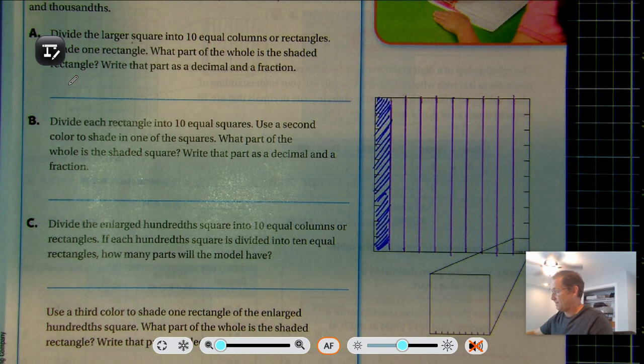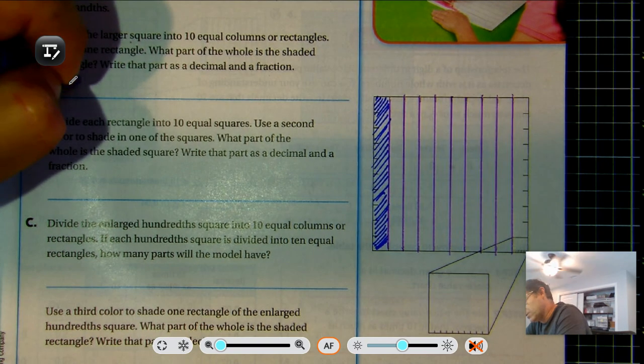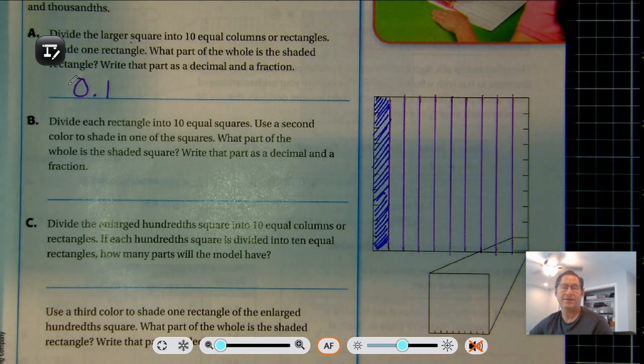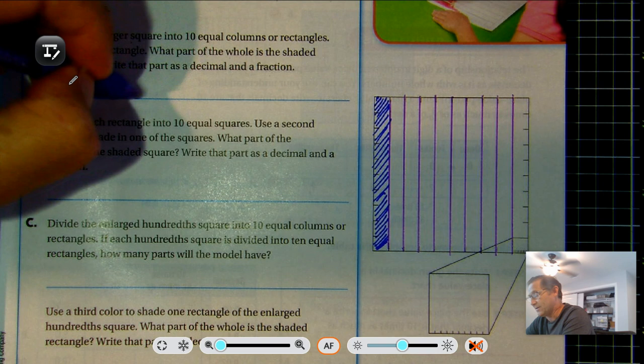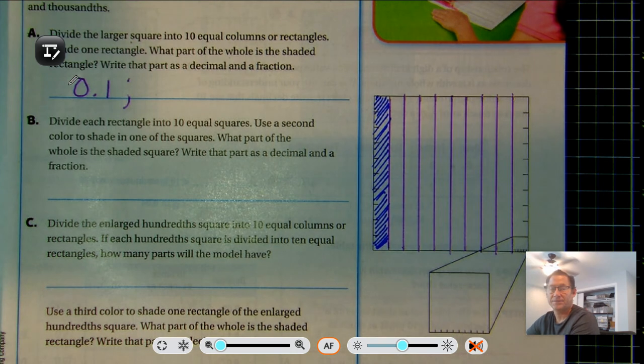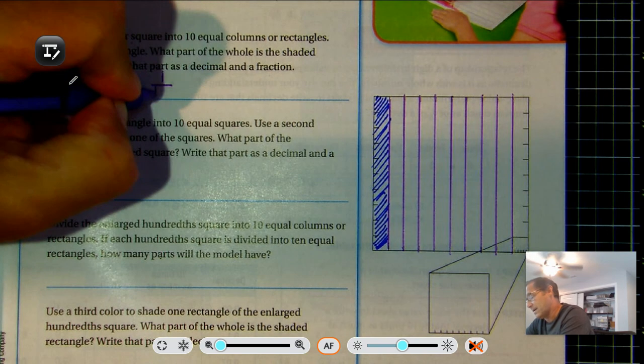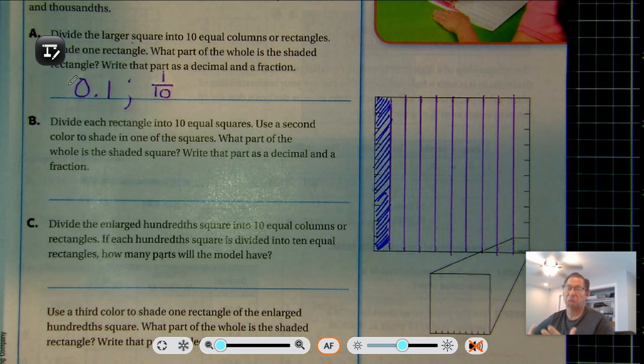So what decimal is that showing us? Well, that's showing us 1/10, right? And so we write 1/10 as 0.1. What does that look like as a fraction? 1/10. 1 out of 10 parts.